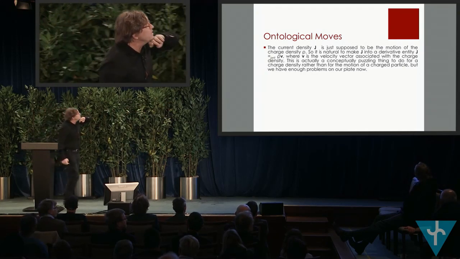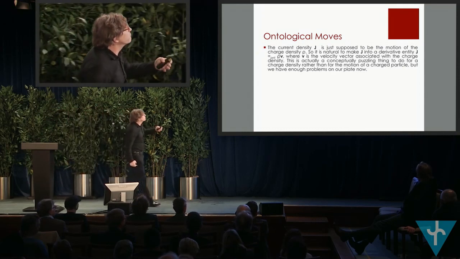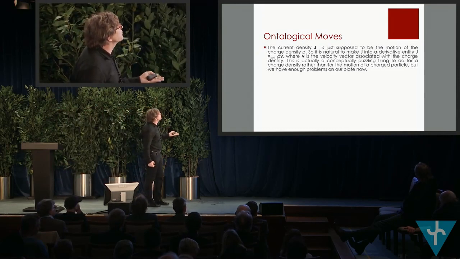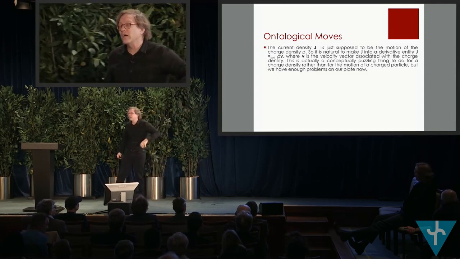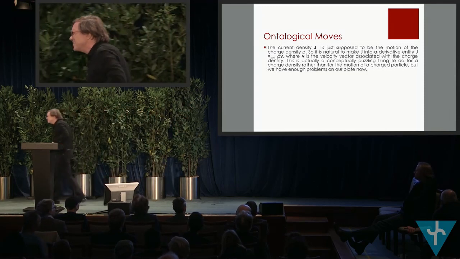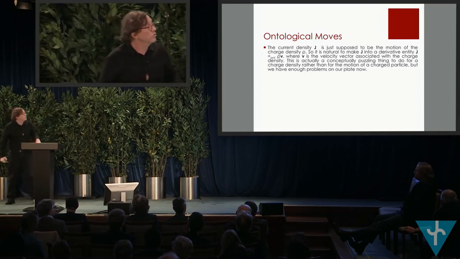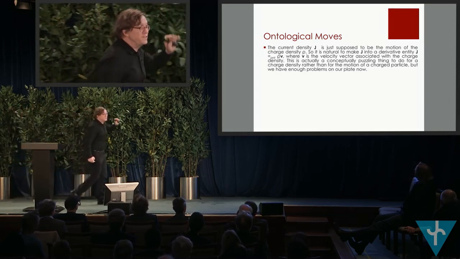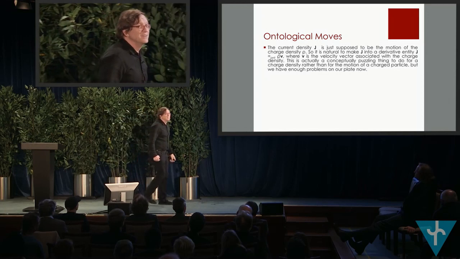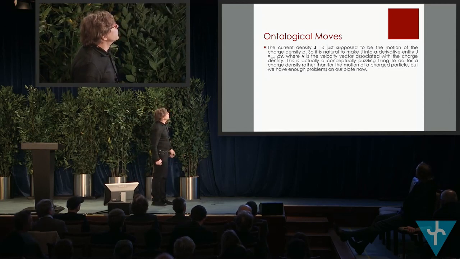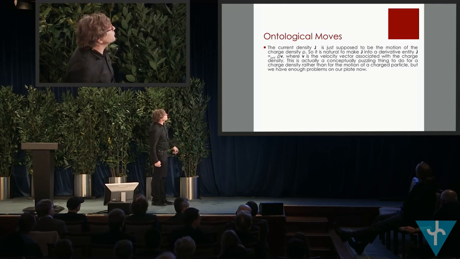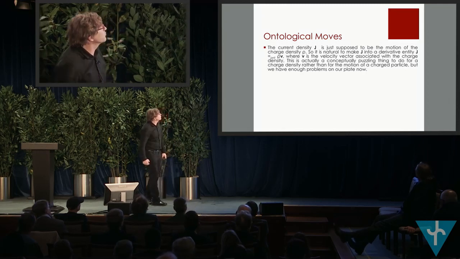So you say, maybe I shouldn't think of J as being a fundamental thing. It's a kind of derived thing. And so I've got this equals sub ont. So that's ontological analysis, right? What J really is just rho in the direction of v, okay? At the speed of and in the direction of v, where v is the velocity vector field that's associated with the charge density.